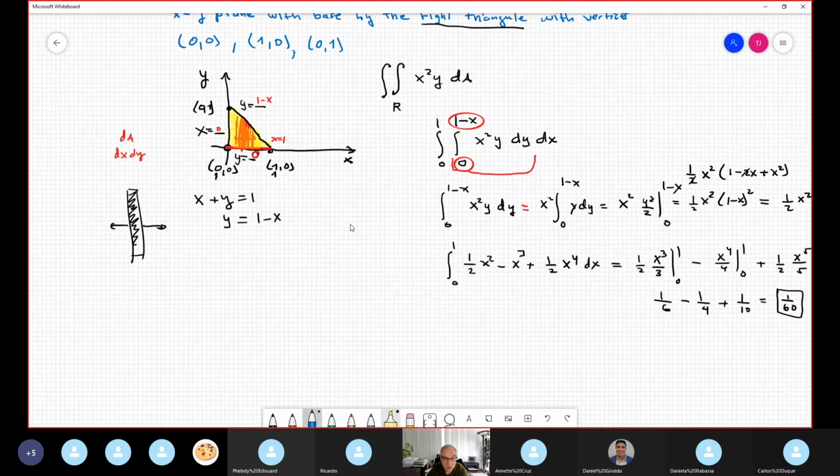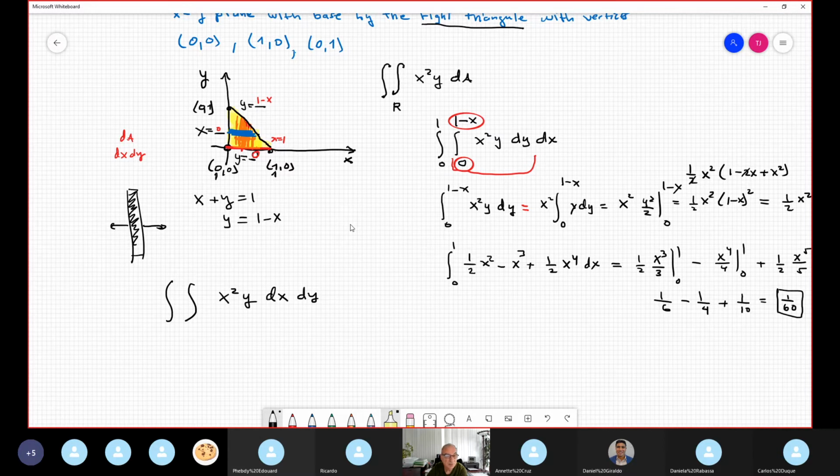Suppose that instead of doing it this way, I do it this way: double integral, again the same integrand function, but I change the order, x first, y secondly.